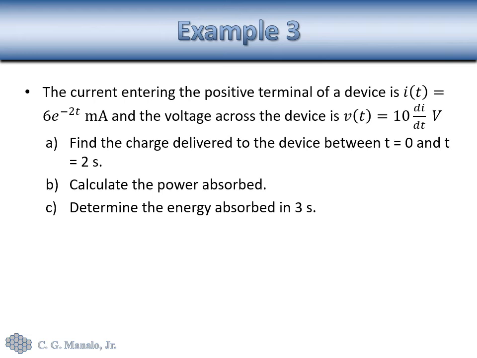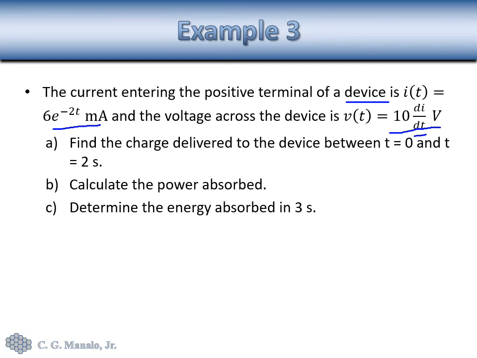Let's have another example, and in this example there is a device and the current is entering the device, given by this expression. And also the voltage across the device is given by this expression. So the voltage is proportional to the time rate of change of the current, di/dt.